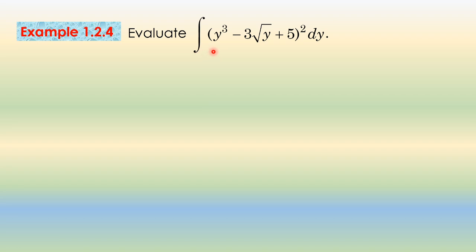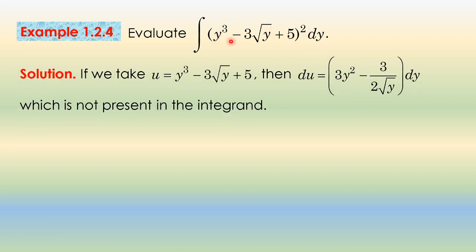Another one, evaluate the integral of y cubed minus 3 square root of y plus 5 quantity squared dy. Let's try this expression as our u: y cubed minus 3 square root of y plus 5.